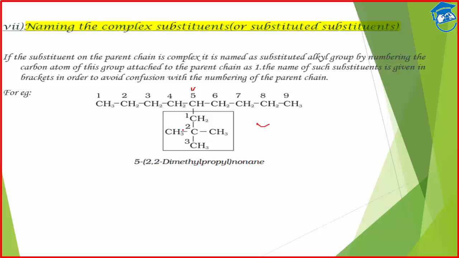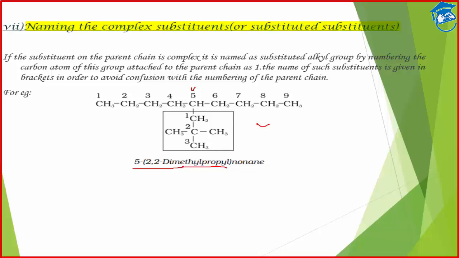It is at position 2, there are 2 methyls, so it is 2,2-dimethyl, and then 1, 2, 3, so propyl. So 2,2-dimethylpropyl, and then we have to mention its position. Its position is 5, and this should be written in brackets.